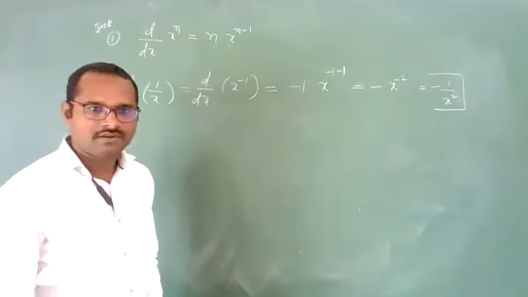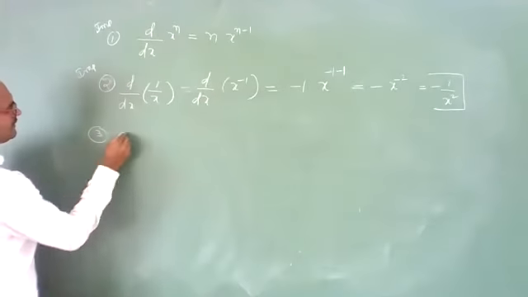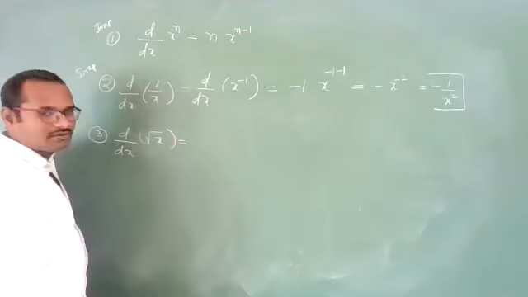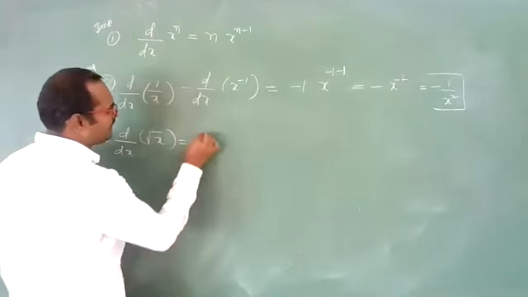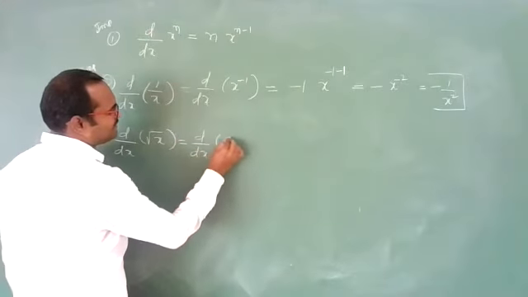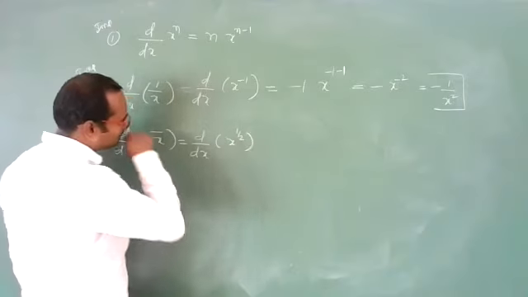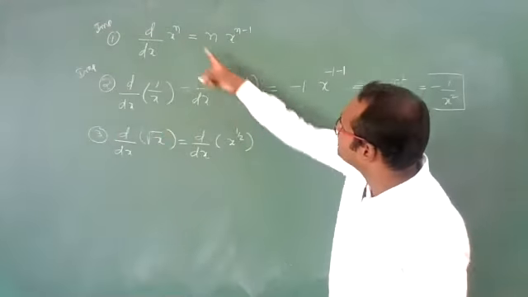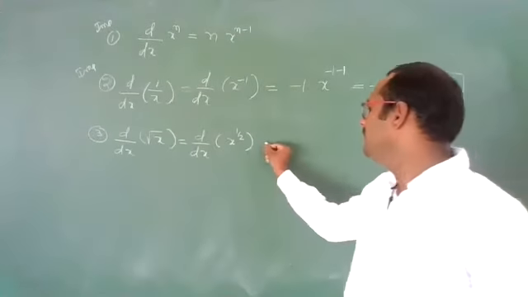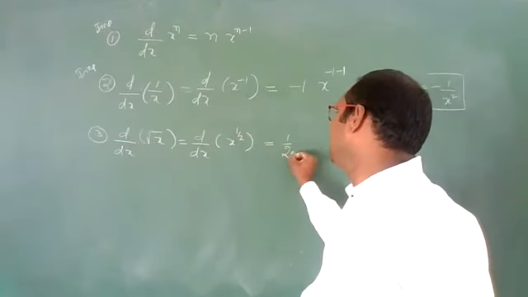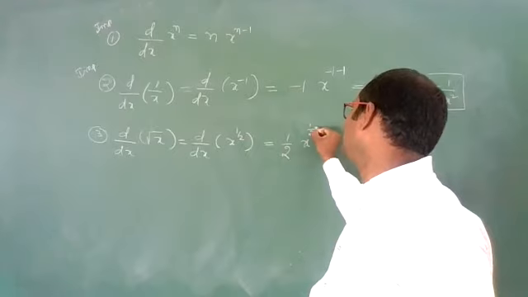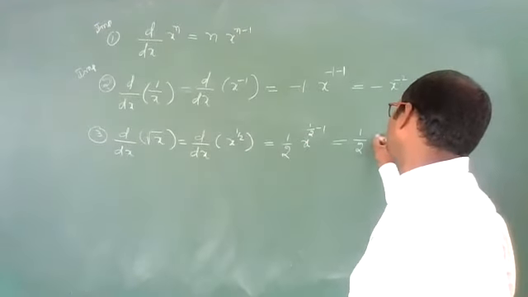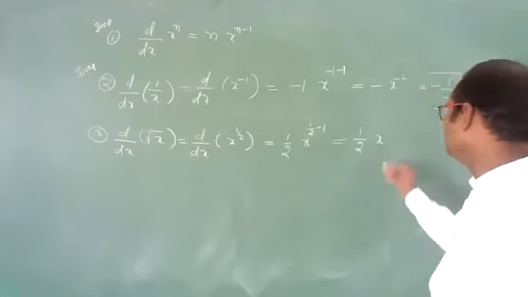Remember, sometimes students, you may have d by dx of root x. How much, sir? Again you can write d by dx of root x as x power 1 by 2. Now 1 by 2 is n. Compare this with the formula: multiply with the power and the power should reduce by 1. You will get 1 by 2 x power 1 by 2 minus 1, which is minus 1 by 2.